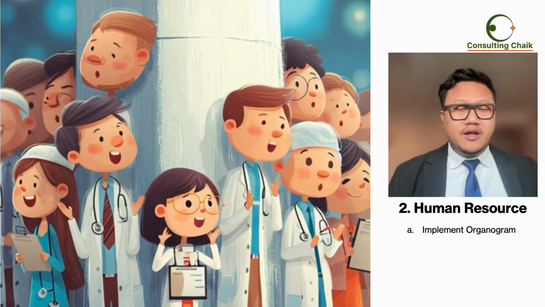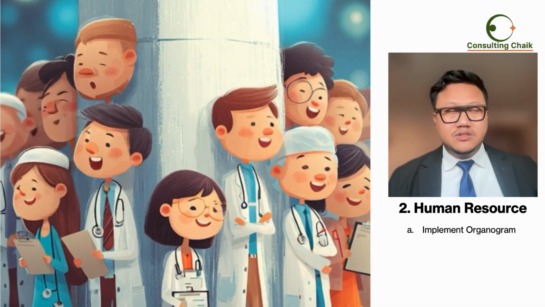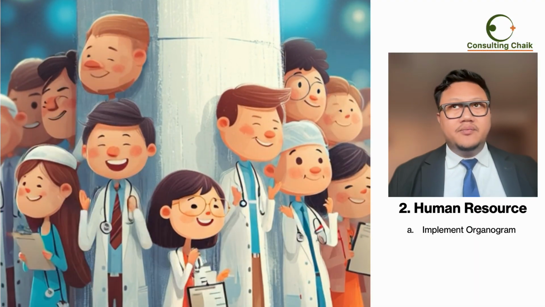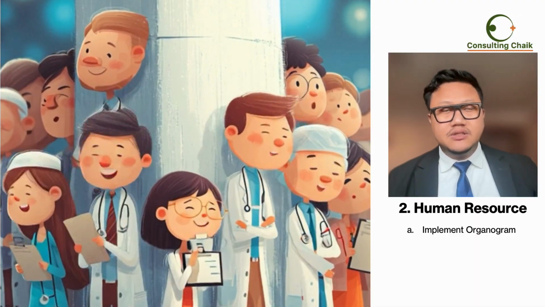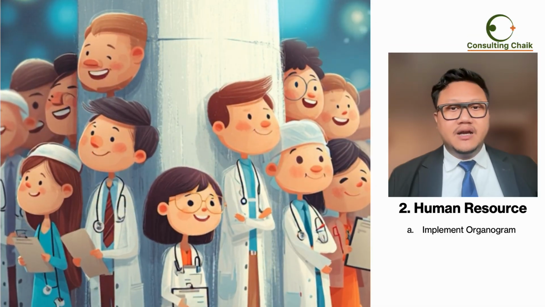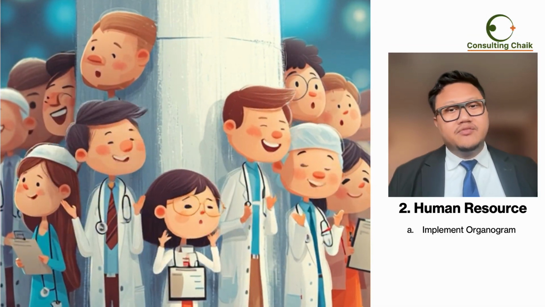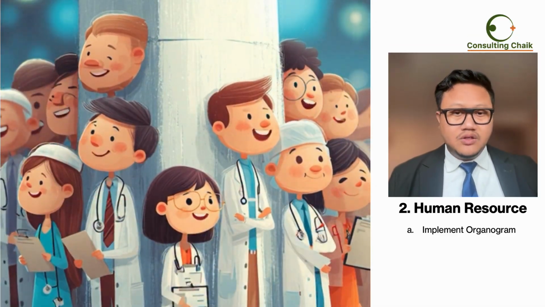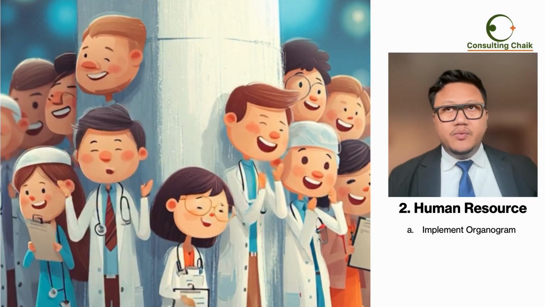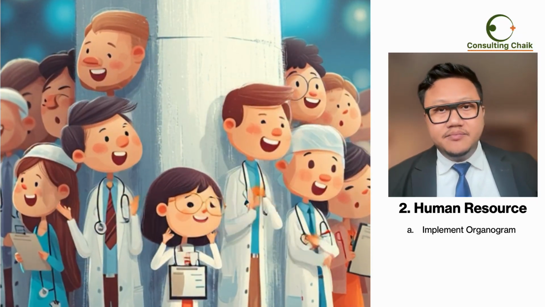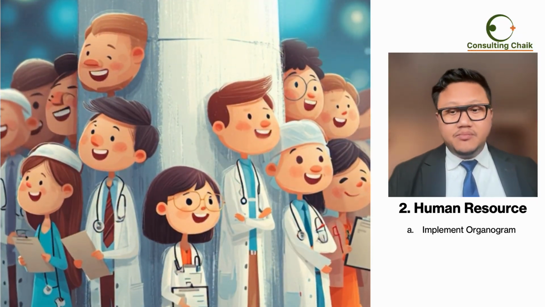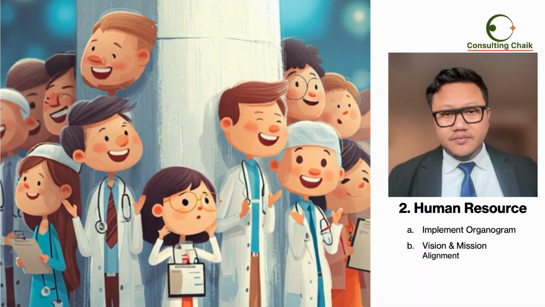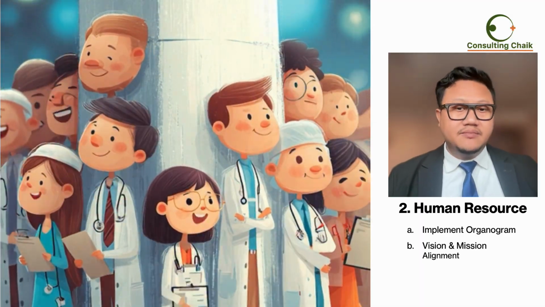If your organogram is not made, if there are confusions, if there are multiple bosses, then it becomes very hard. There can be a lot of confusions. So a very well designed organogram is very important. It's very essential.